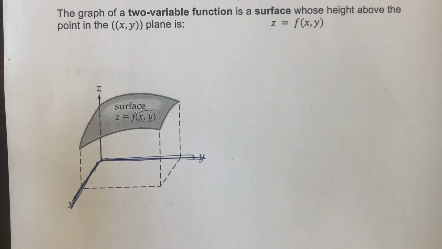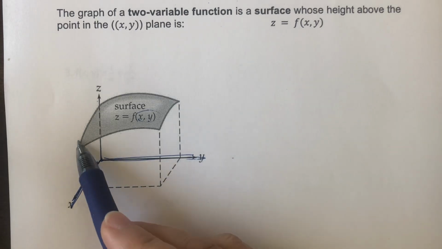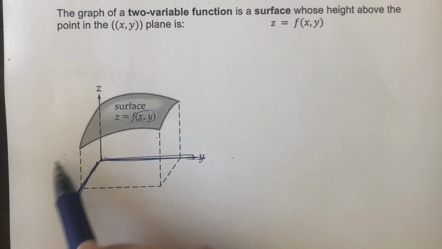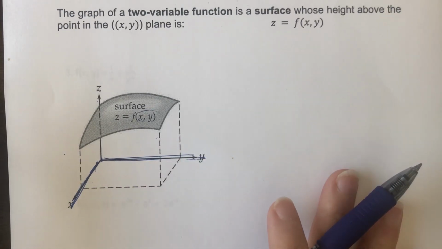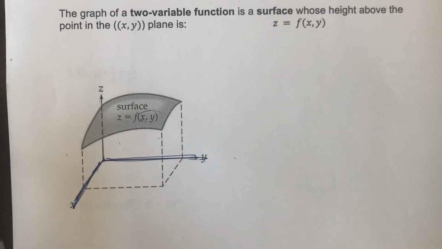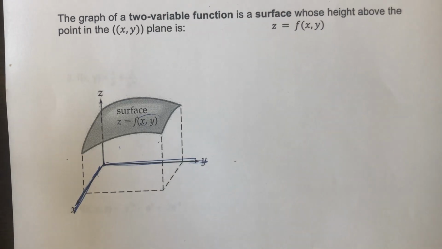X and y are your inputs and z is the answer for that. So what you will get is a 3-dimensional shape, which is very hard to draw on a 2-dimensional piece of paper. We're not going to be graphing these functions. It's just not going to be as easy.